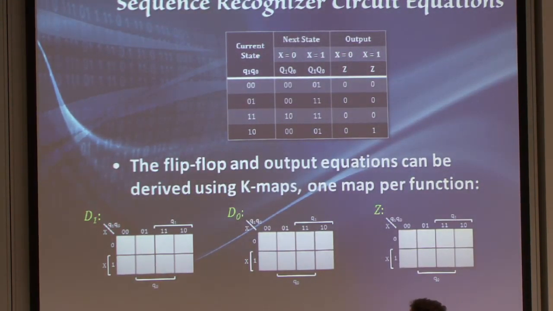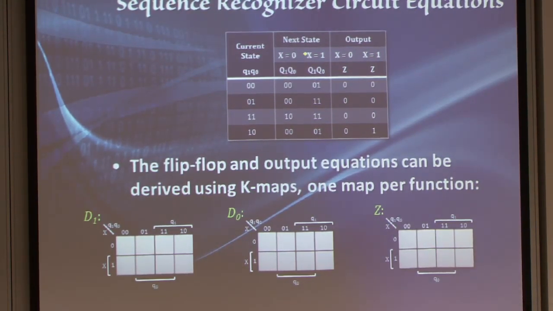Now, to derive the flip-flop input equations and the output equations, we can realize this is really just a truth table. The inputs to our truth table are going to be the current state and the input to the machine. The outputs from the truth table will be the next state and the output of the machine to the real world.